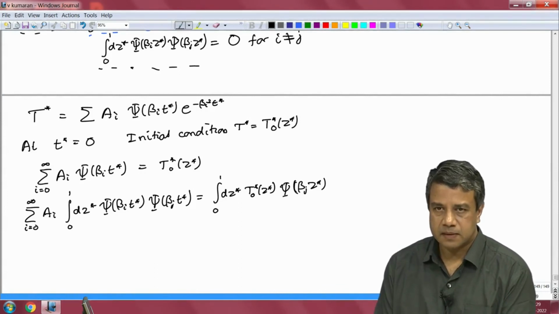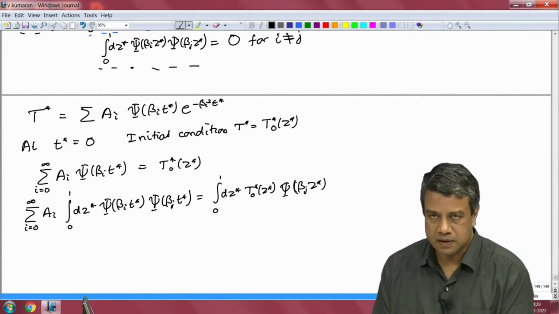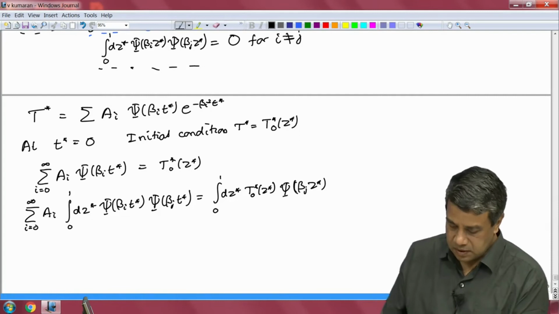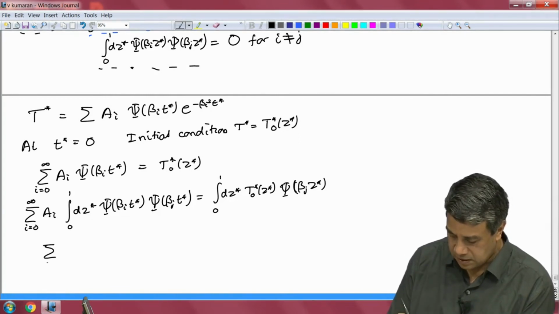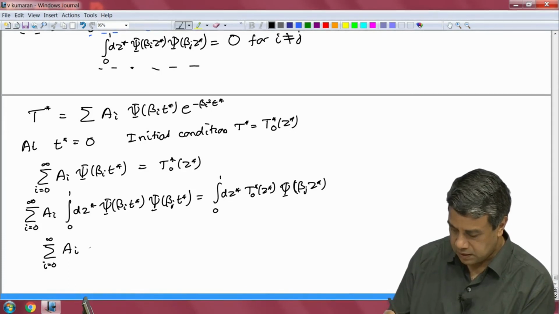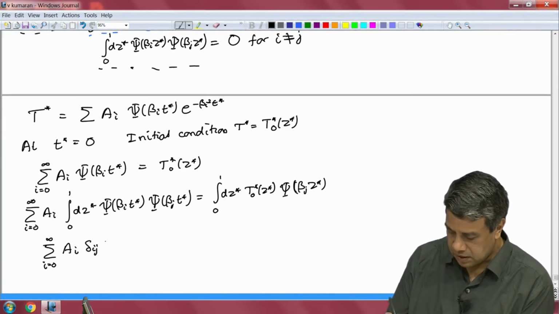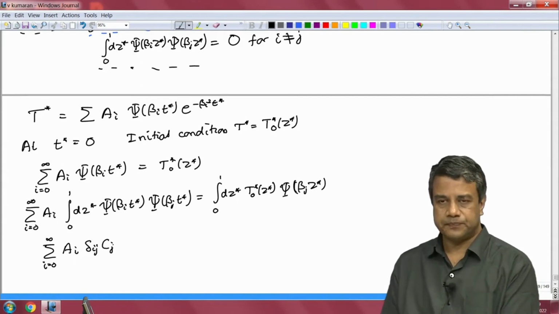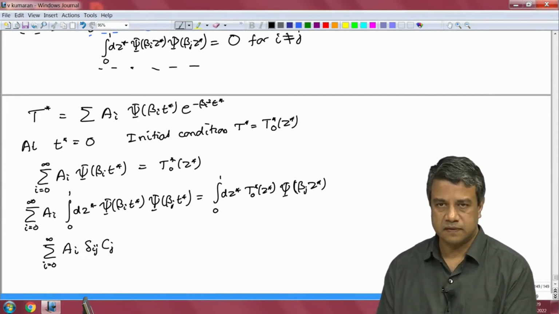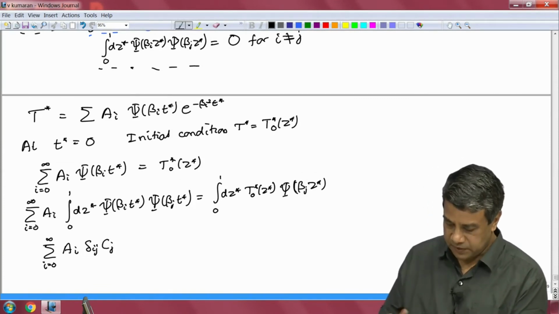And on the left side I am guaranteed that this is some constant times delta i j, because it is 0 unless i is equal to j. So, on the left side I always get the sum over i from 0 to infinity of A i delta i j times some constant C j. That constant was 1/2 for the first problem that we solved, it was 1 for the second problem.